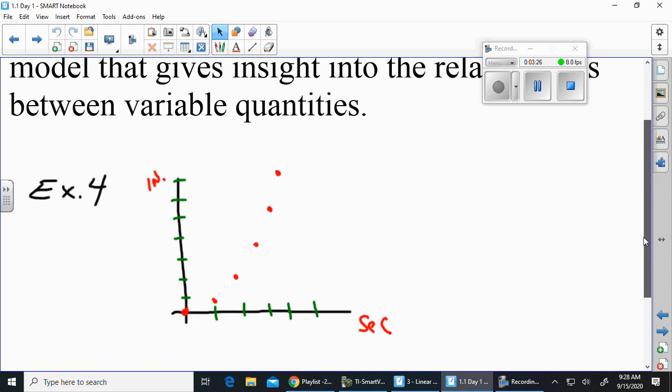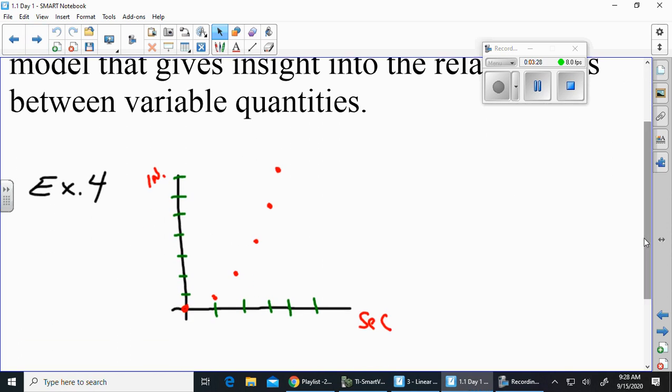Again, in general, if I give this graph, and this is seconds on the x-axis and inches on the y-axis, as time increased, distance increased. So, what type of graph is that? Well, maybe that's going to be half of a parabola.